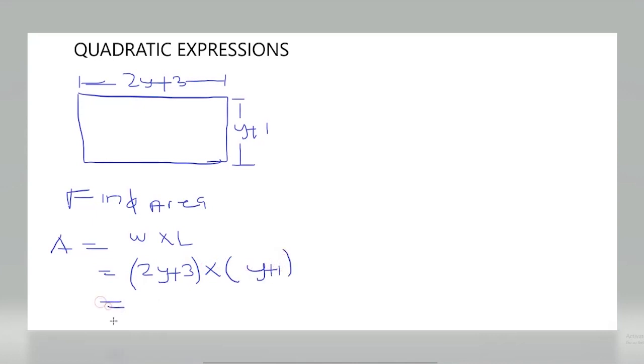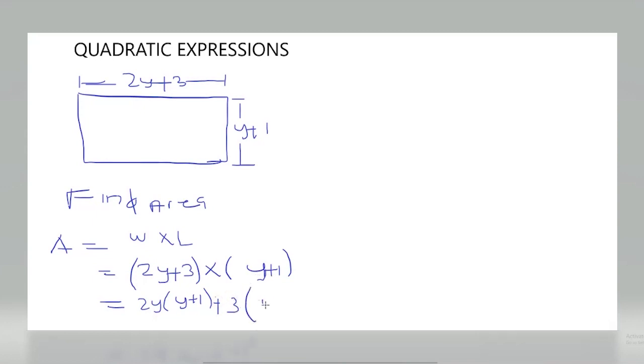Now the way we multiply these, we take 2y times y plus 1, then plus 3 times y plus 1.